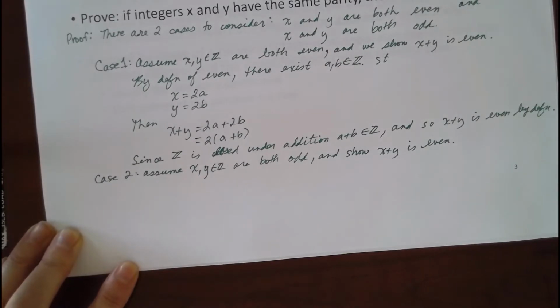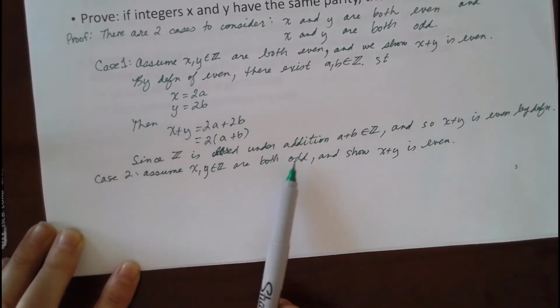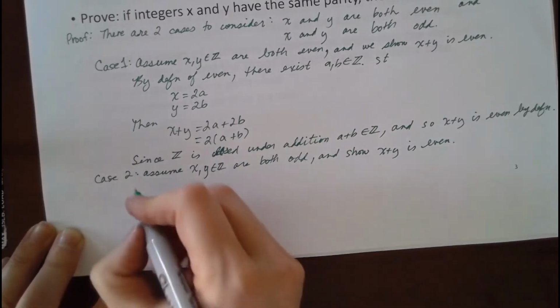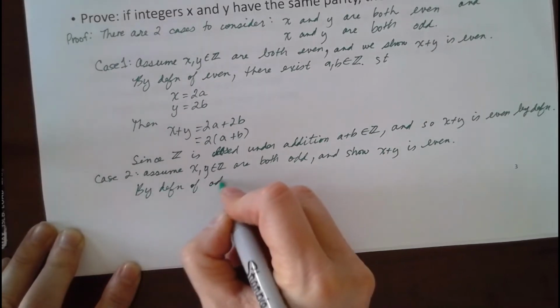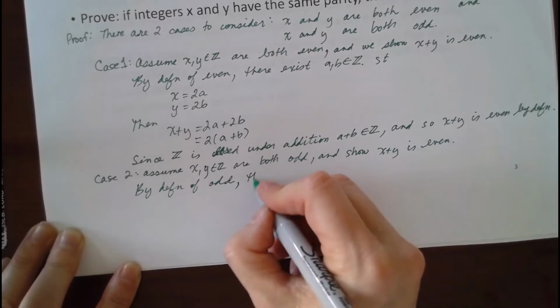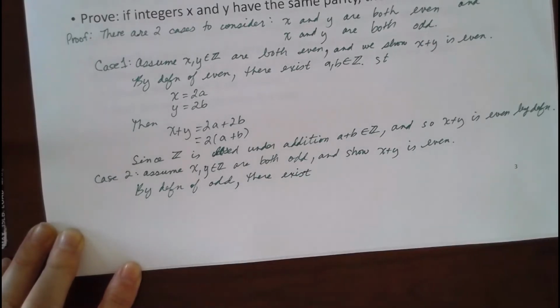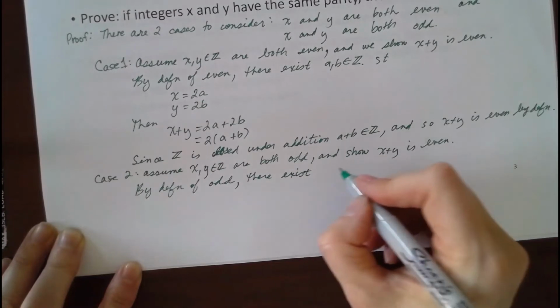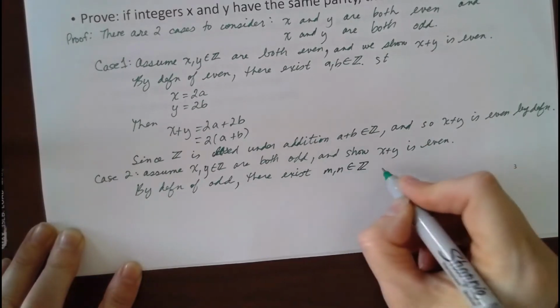It's going to look very much like the previous one, except instead of by definition of even, we're going to do definition of odd because this time they're both odd. So by definition of odd, there exist integers, I'll call them m and n, just so we don't confuse them with the previous a and b.